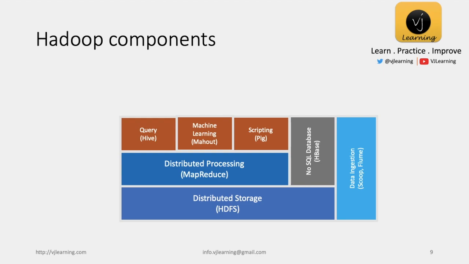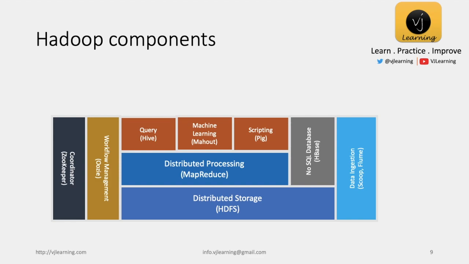Once we have so many tools, we also need workflow management, which is Oozie, which helps you tie one or more utilities together to accomplish a job, like any typical workflow. We also have a coordinator utility called Zookeeper, which coordinates all the tools in Hadoop.